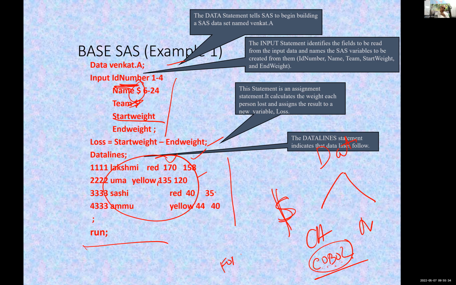Fortran means formula translation. They want only small letters. Suppose BASIC, basic programming language. You can write anything. BASIC full form is Beginners All-purpose Symbolic Instruction Code. Fortran means formula translation. COBOL means Common Business Oriented Language.